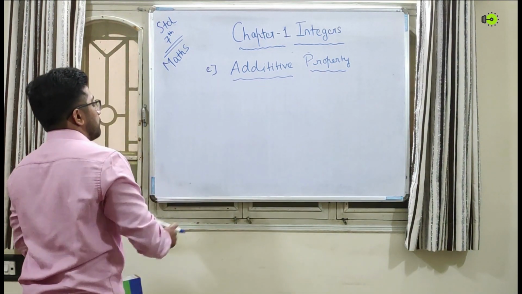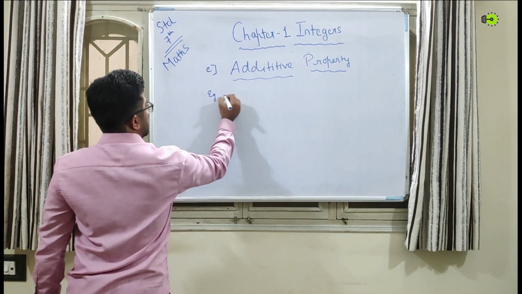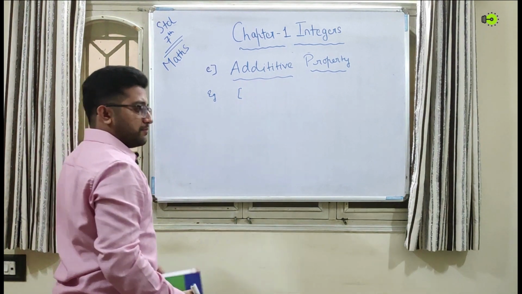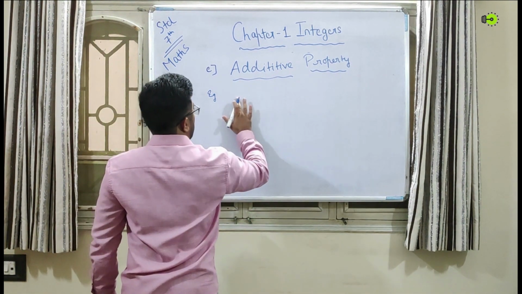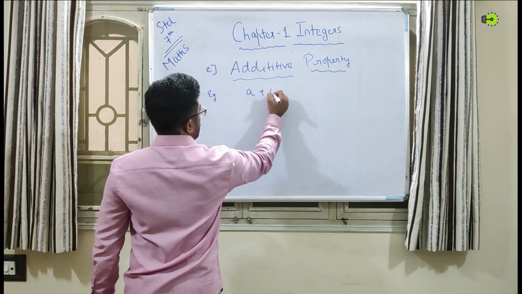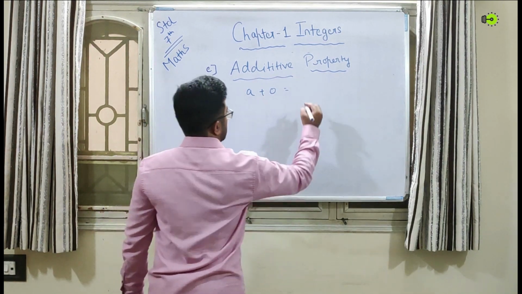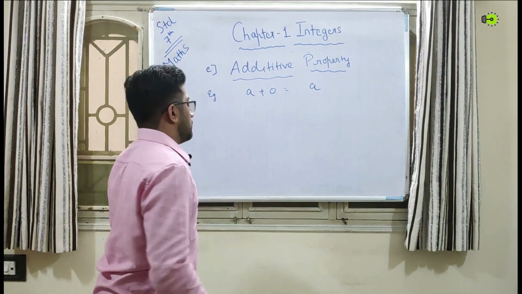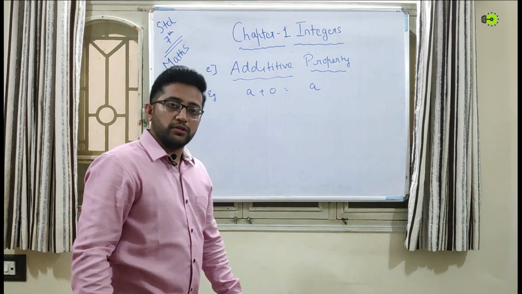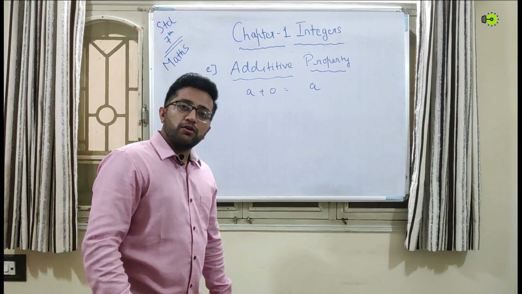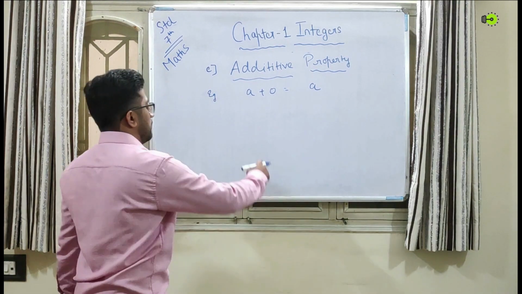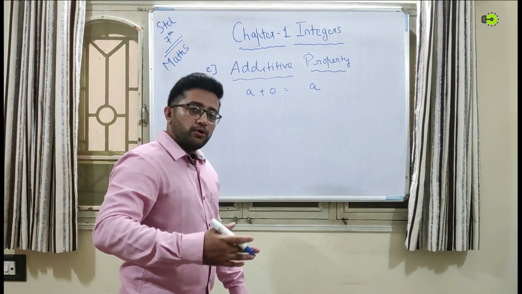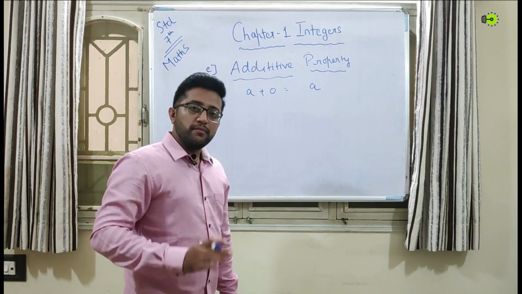Now, as per the additive property, if we add any integer with 0, our answer will be the integer in question. If we say it in very common parlance, adding 0 to any integer, we will get the same number.